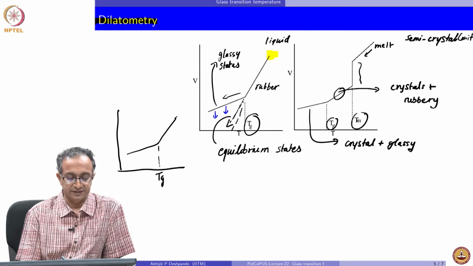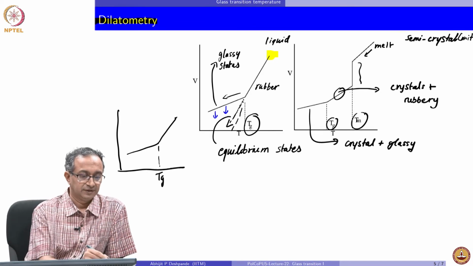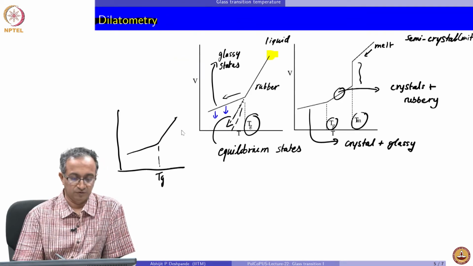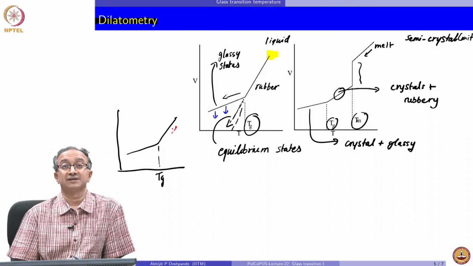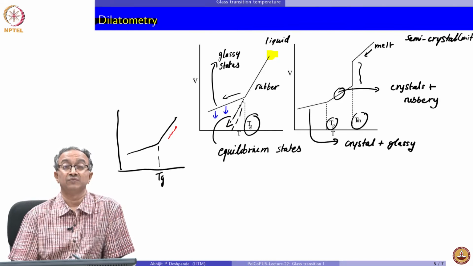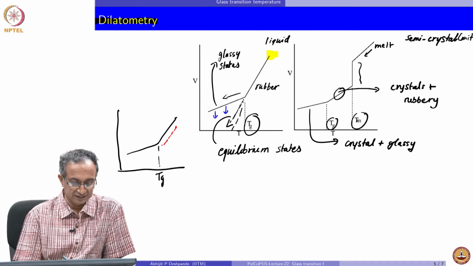Now, if I take the material in the molten state and increase the pressure on it, the volume would be lower, and now if I start cooling it, the question is how will the volume decrease, and at what temperature is glass transition observed. What we already said was that the glass transition will be at a higher temperature.